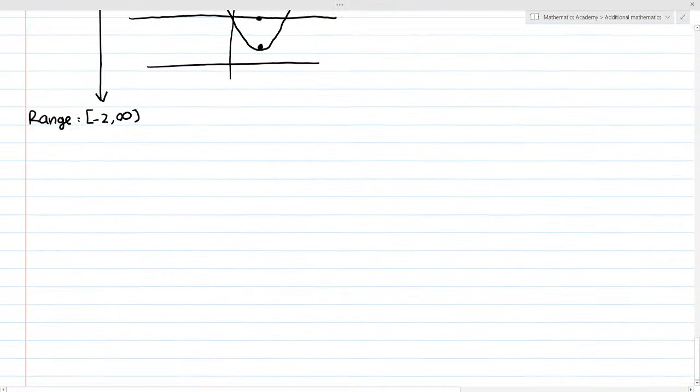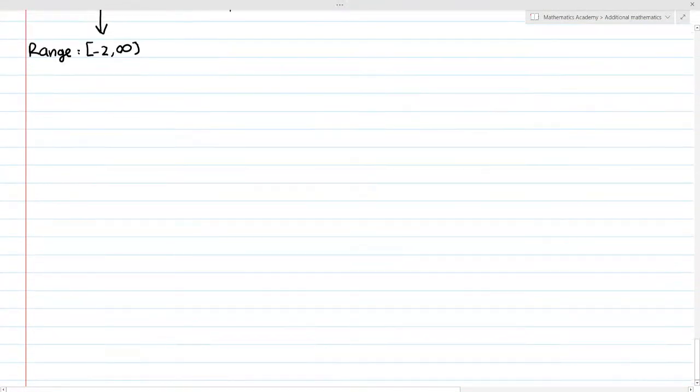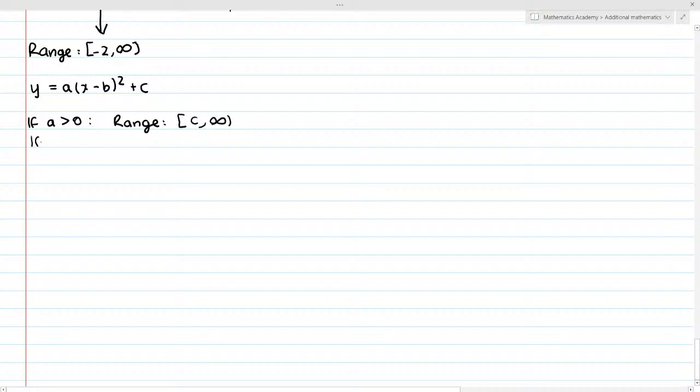And so in general, if y is equal to a times x minus b squared plus c, if a is greater than 0, then the range is from c to infinity, and if a is less than 0, then the range is from negative infinity to c.